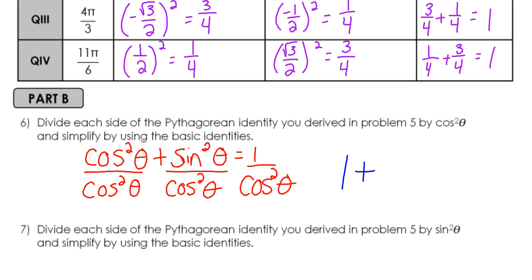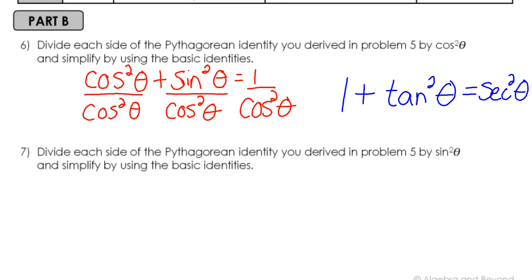We know from up above when we were talking about our original identities that sine squared theta over cosine squared theta is tangent squared of theta. That's the definition of tangent, so we can replace that there. And then finally, we know from our reciprocal identities in the beginning that 1 over cosine squared theta is secant squared theta. So we have simplified that.